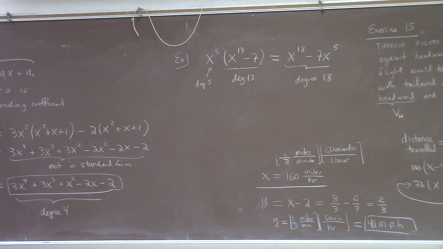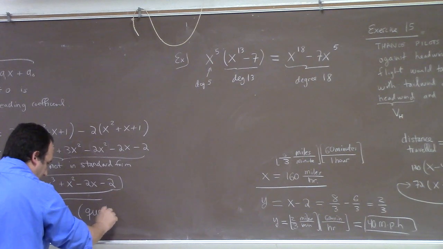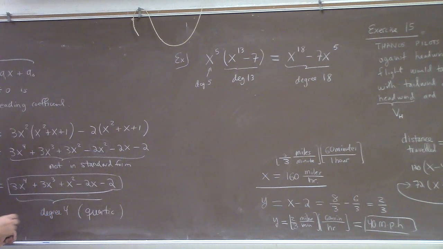So if you multiply a quadratic, n equals 2 is called a quadratic polynomial. So if we multiply n equals 2 times n equals 2, we get n equals 4. Degree 4 is also called a quartic. This is a quartic polynomial. These are quadratic polynomials.